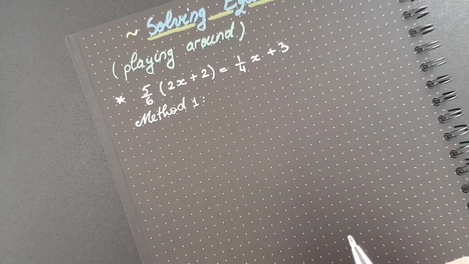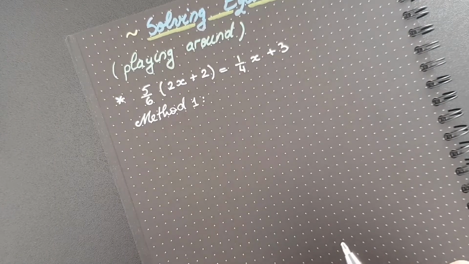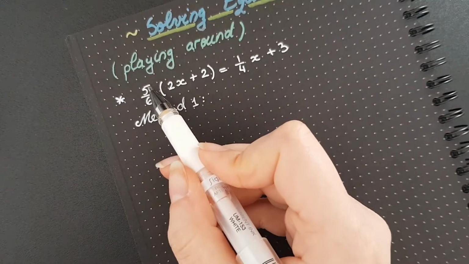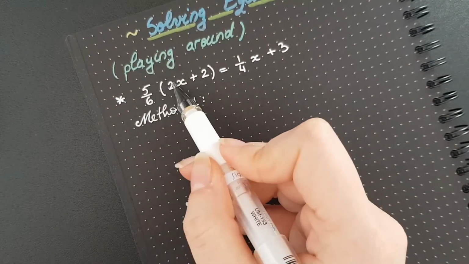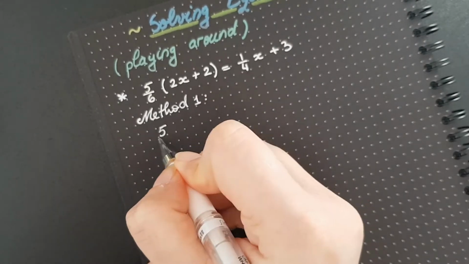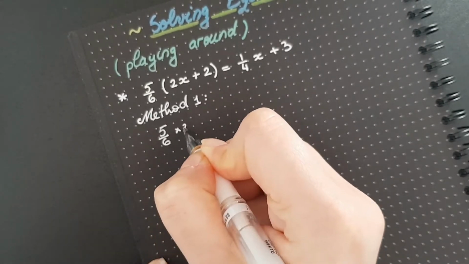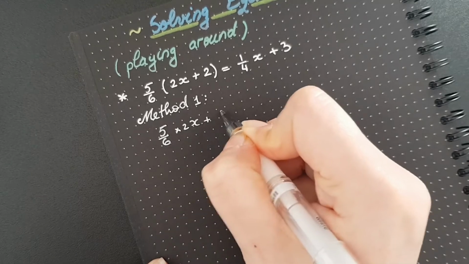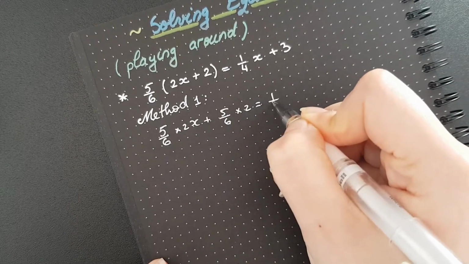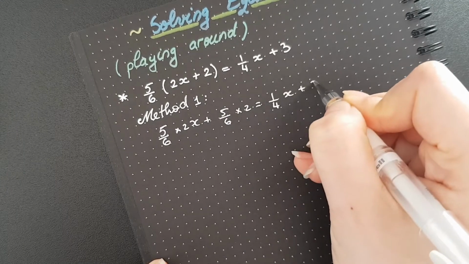So let's see, what do I want to do with the first bit? I'm gonna multiply this fraction inside the bracket and see what I get. So that means I've got 5 over 6 times 2x plus 5 over 6 times 2, and I'm doing absolutely nothing to the other side.